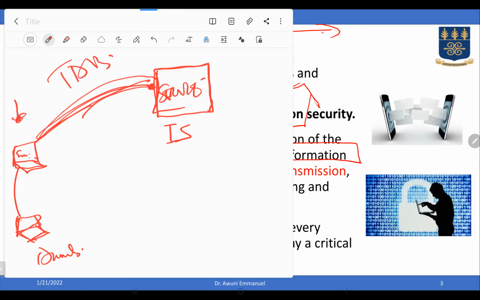Now, this data goes through a link. This is a network. So the data is going through in packets. In packets means that the data is in transmission.